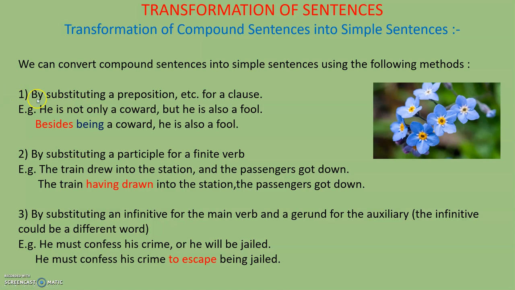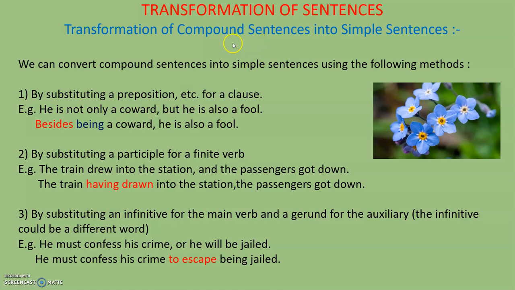Now, the first method is by substituting a preposition for a clause, okay? Now, what are prepositions, children? Prepositions, you know, we have done in the earlier classes. It's a word or a phrase that is used in front of a noun, okay, in order to show position or, you know, time or place. So, if you don't know prepositions, revise that, okay? So, the sentence given here is a compound sentence. He is not only a coward, but he is also a fool.